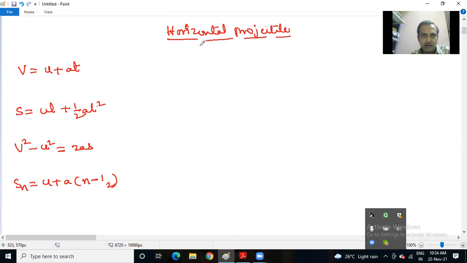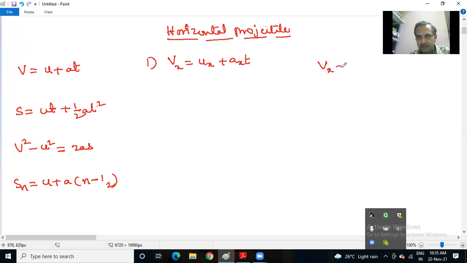Now, to explain horizontal projectile motion, we use the same equations in the vertical plane and horizontal plane when the body moves in a plane. So the first equation will be Vx = Ux + Ax t.